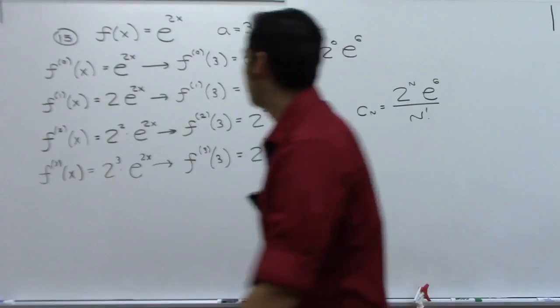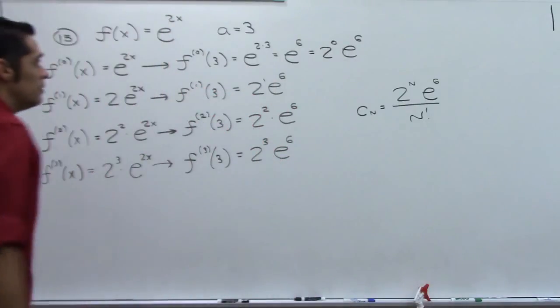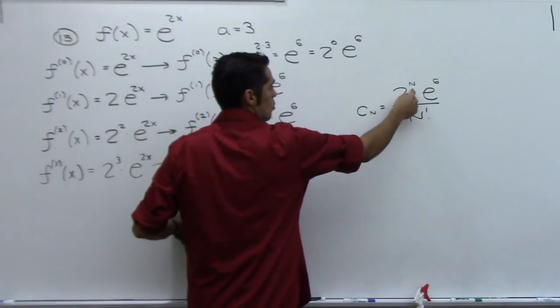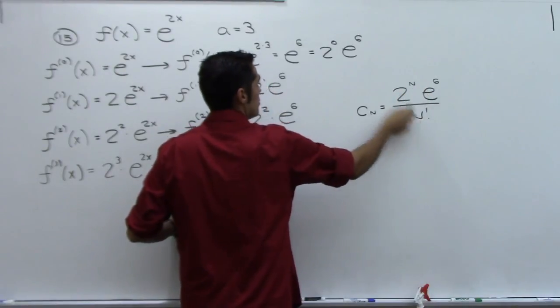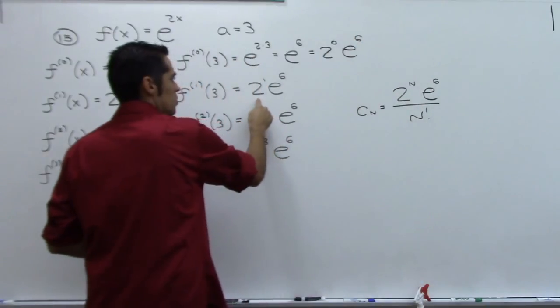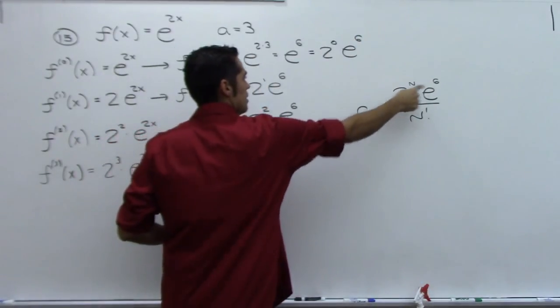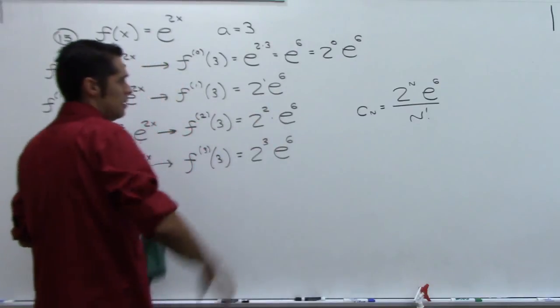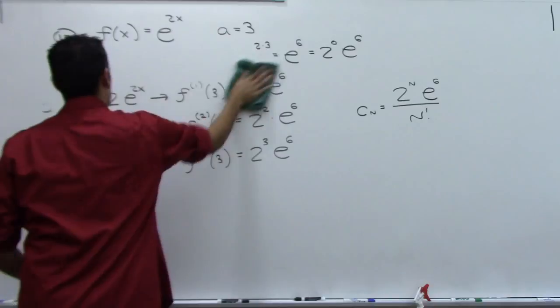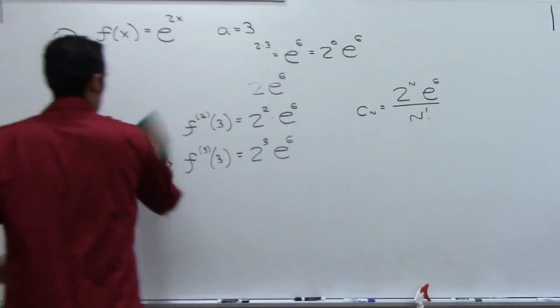But I don't even think I need to write all these out. I've got a nice clean formula for it, right? If c sub 0, 2 to the 0 is 1, e to the 6 over 0 factorial, that's this. Well, this part is this. And then this one, if c is 1, we get this, that's that. So I think we're in business. I think I can just go straight to the series without writing it all out.